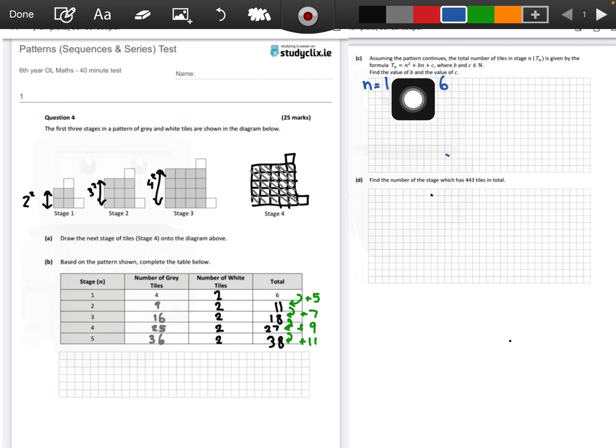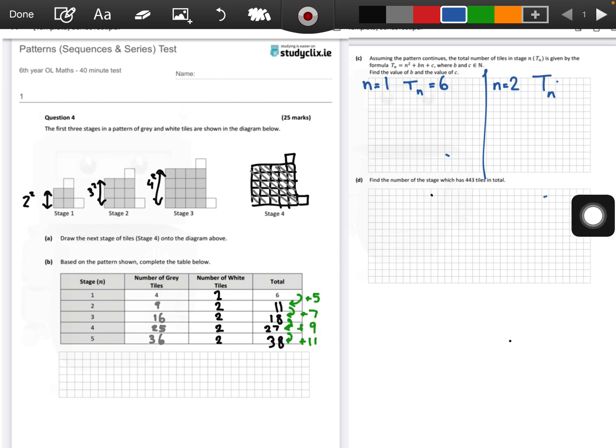So I could fill in this equation with n is 1 and T of n is 6, and do that again for, let's say, n of 2, where T of n was 11.